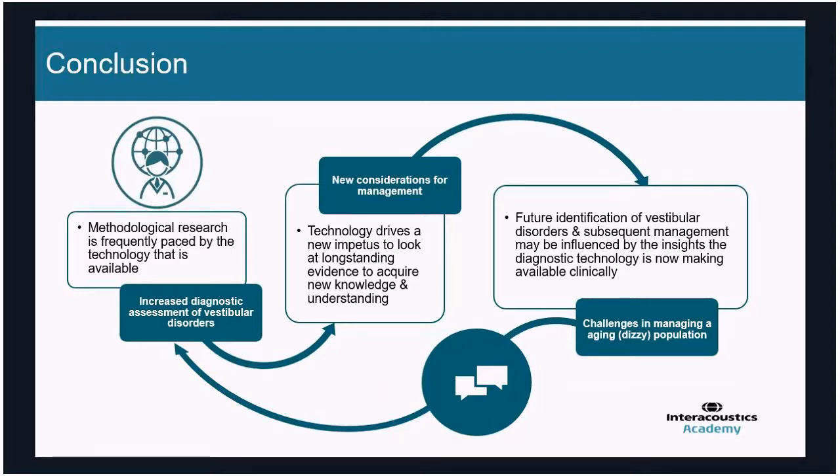And one would argue that maybe the future identification of vestibular disorders and their subsequent management could be influenced by these insights. I think the work of Farrell and Ryan and Jung and Lee has certainly suggested to us that having a greater understanding of otolith function within our patients presenting with dizziness and functional changes could change how we might then want to manage them going forwards.